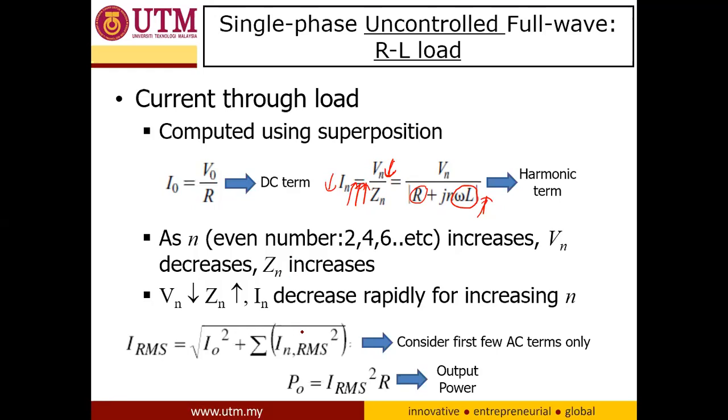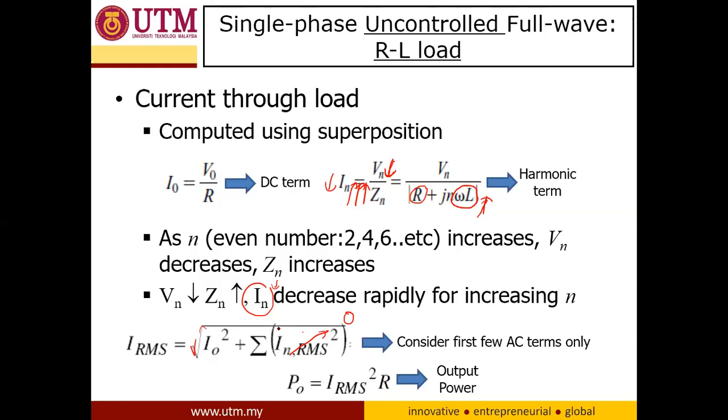So the IRMS can be computed by using this equation: I out, the DC component, plus the summation of all the AC components. Since In is reduced, it can be considered as zero, because the value of In is very small compared to I0.